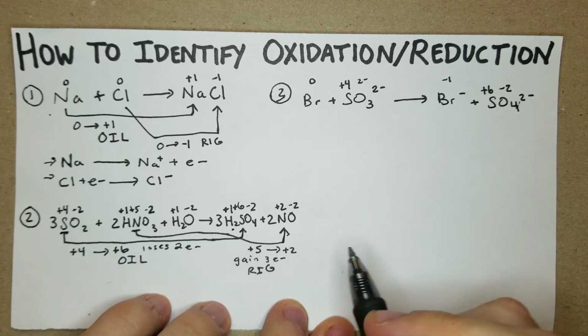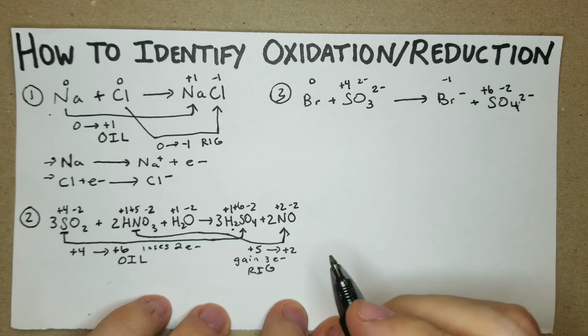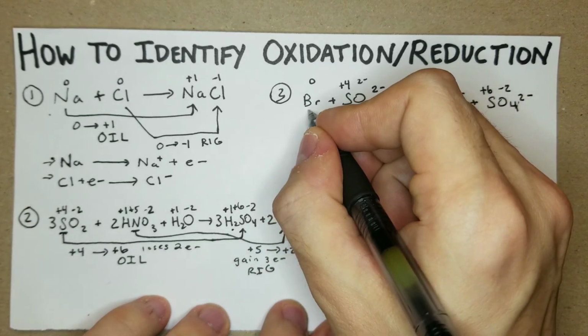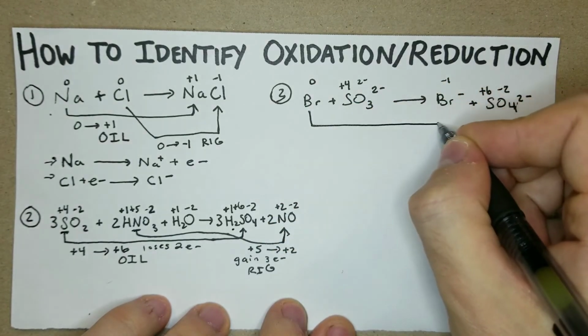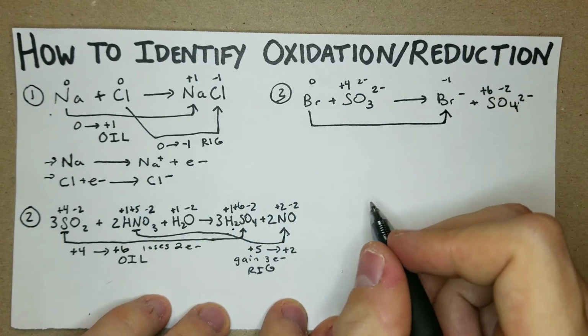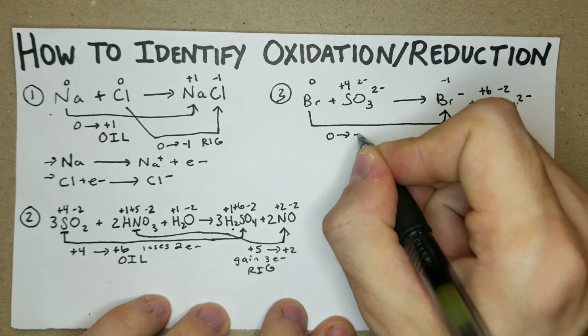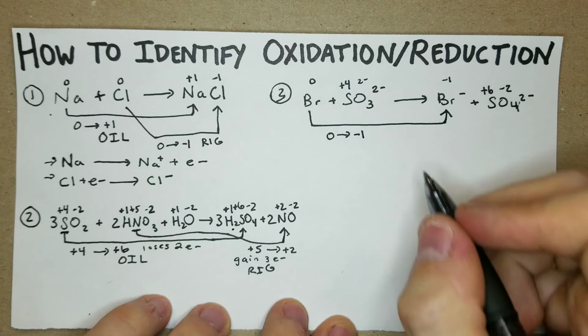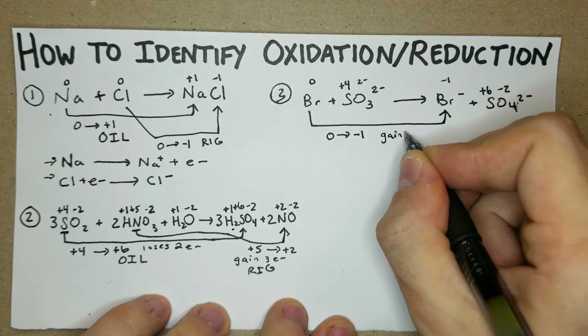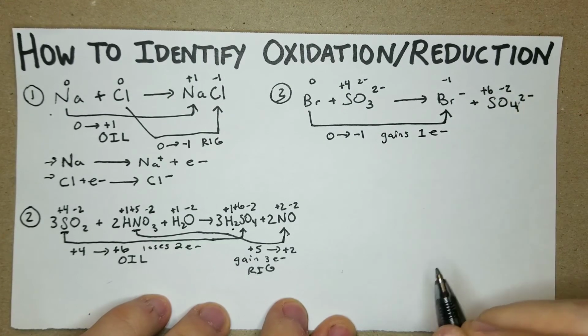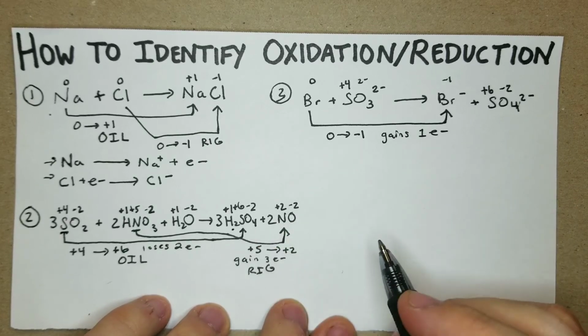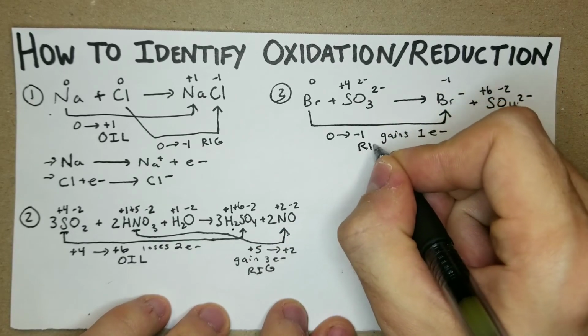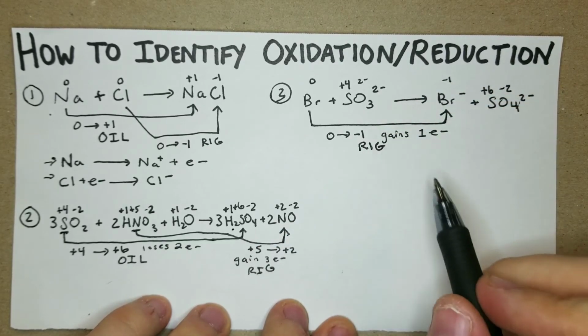And now we're just going to go through just like we did previously and compare these. So the Br goes from here to here. It goes from a 0 to a -1, which means it gains 1 electron. If it gains 1 electron, that is Rig. Reduction is gains.